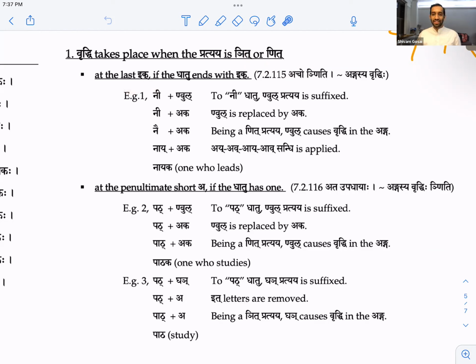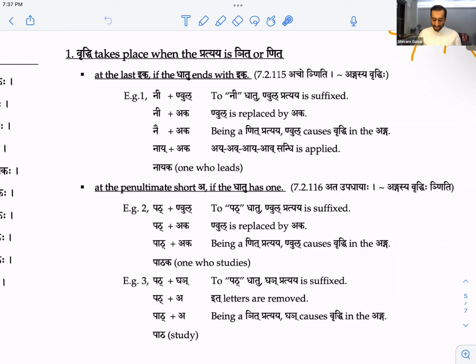What is ik? I, u, r, l, the vowel l. All those simple vowels can take vriddhi.